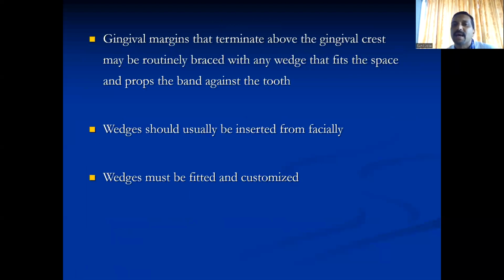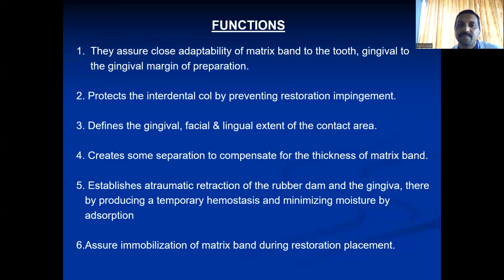Gingival margins that terminate above the gingival crest may be routinely braced with any wedge that fits the space and props the band against the tooth. Wedges should usually be inserted from the facial or lingual side, depending upon the larger embrasure. Wedges must be fitted and customized.